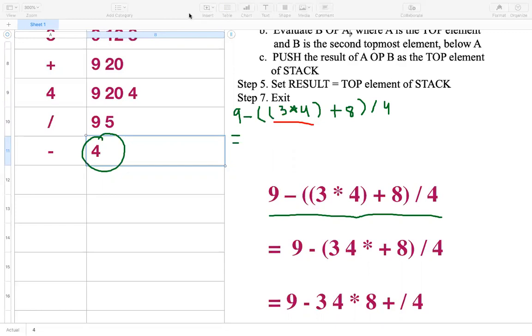So this is going to give me a 9 minus 12 plus 8 by 4. And then this operation is going to take place because it is within the parenthesis. So this is going to give me 9 minus 20 by 4.